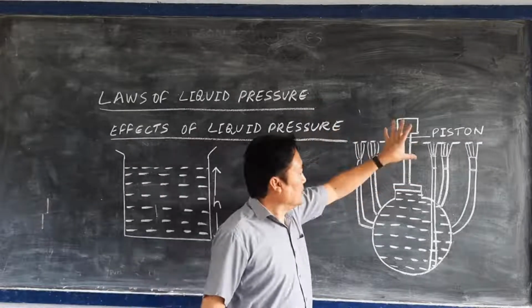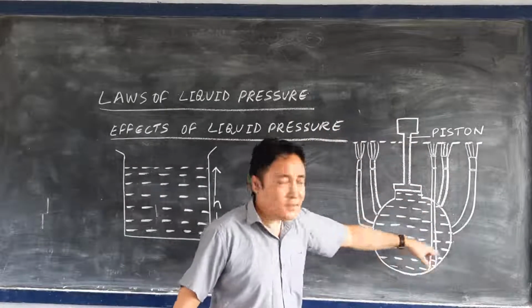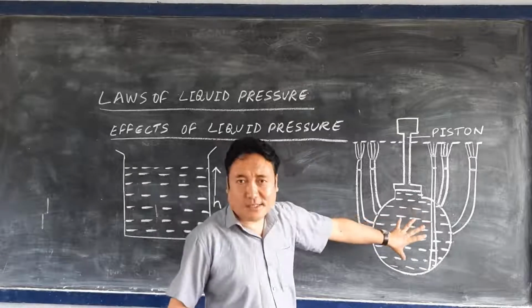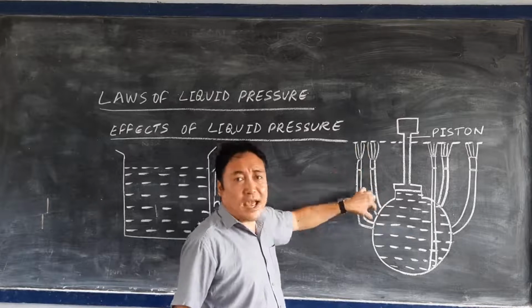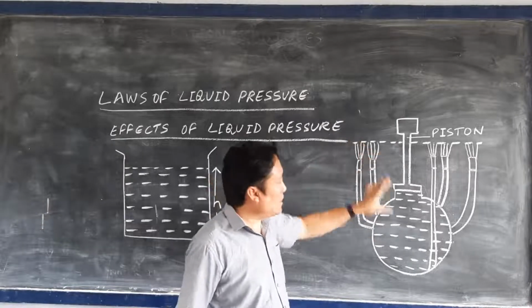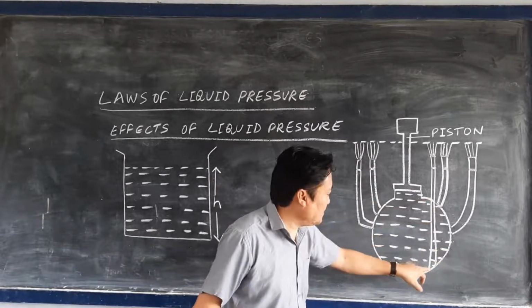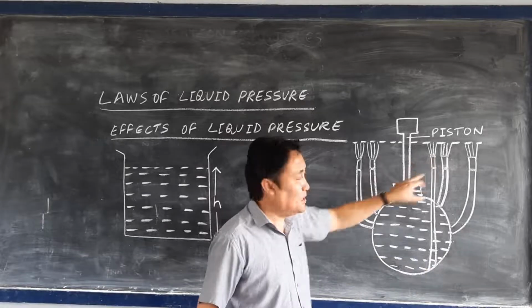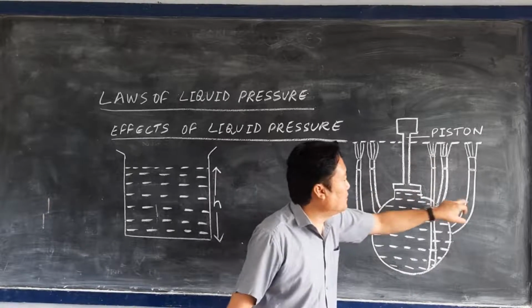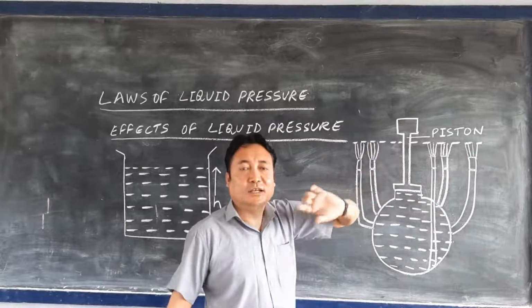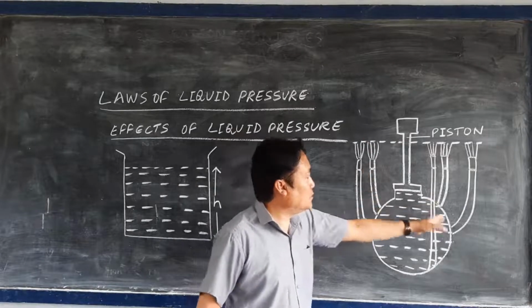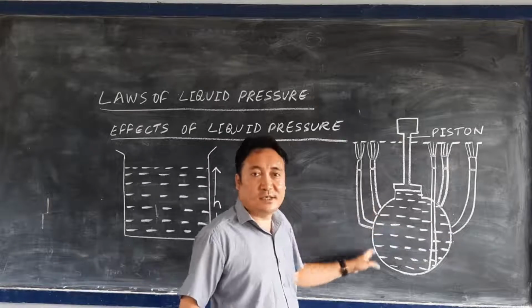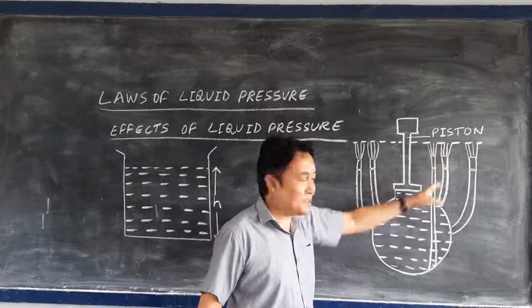For this, he has taken a glass flask, and there are narrow tubes coming from the side of the flask as well as from the bottom of the flask. 1, 2, 3, 4, 5 tubes are there. These tubes are very narrow, and they come out through the walls of the glass flask as well as from the bottom.